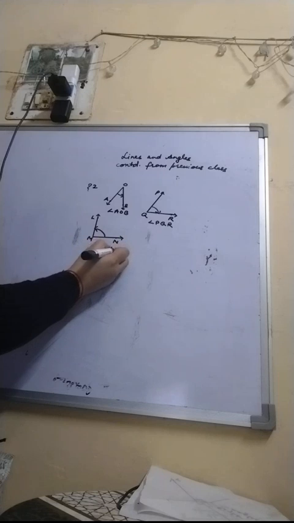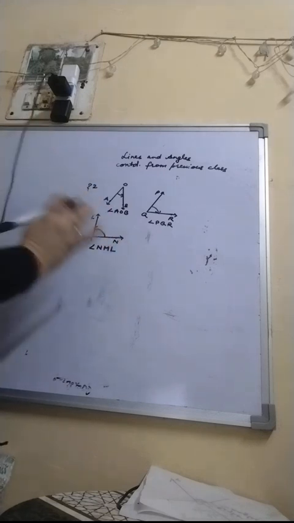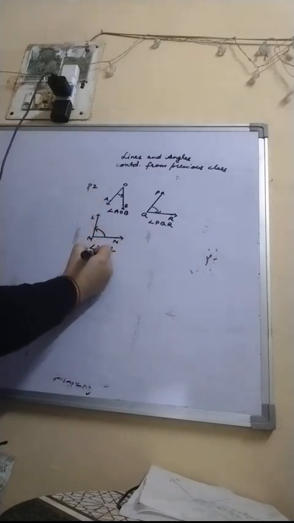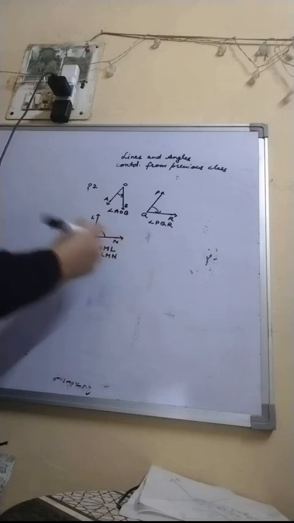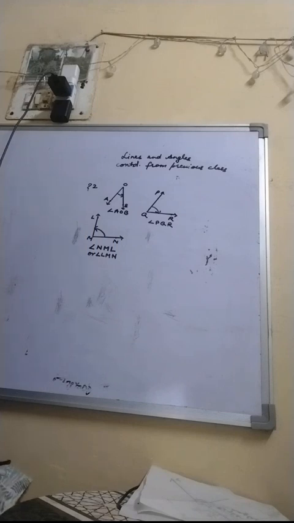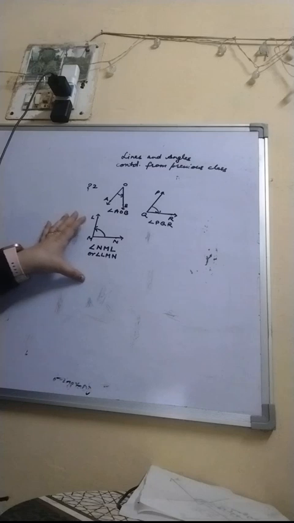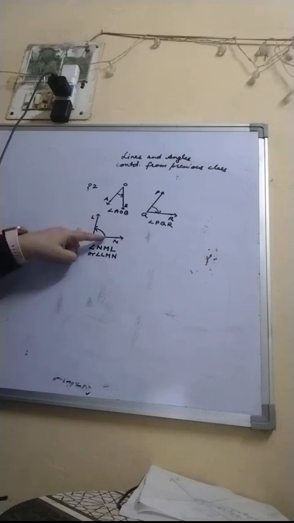NML. Now do remember that whether you write NML or you write angle LMN, it won't make any difference. Nothing is wrong in both of them. It is just for understanding the turning of the ray.